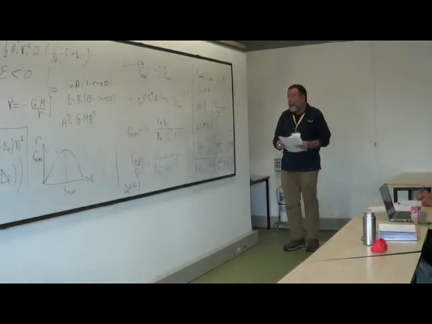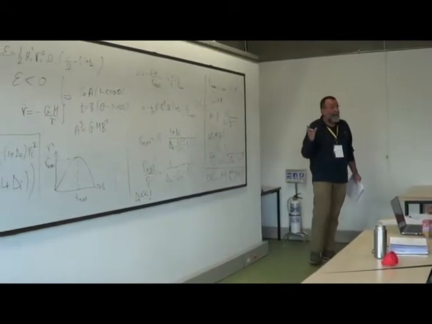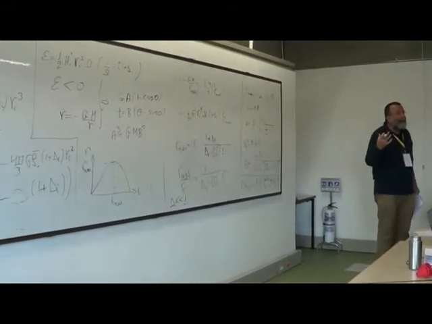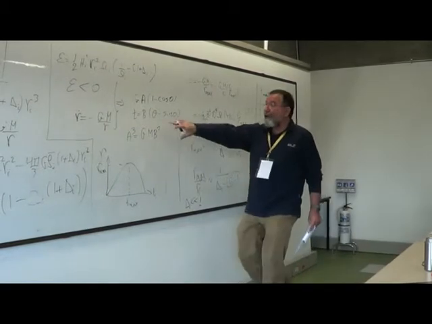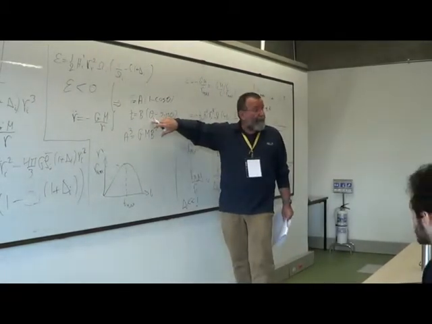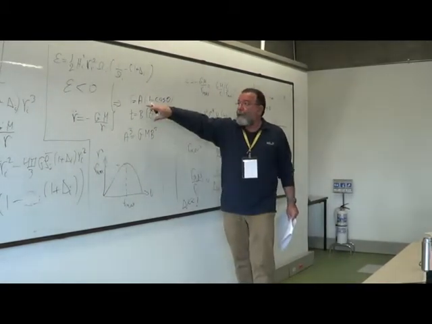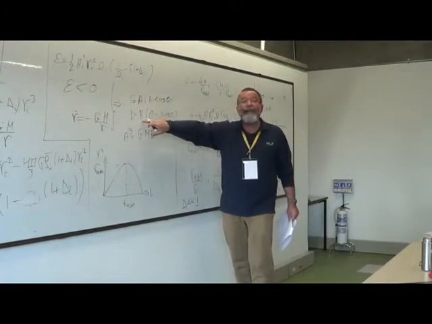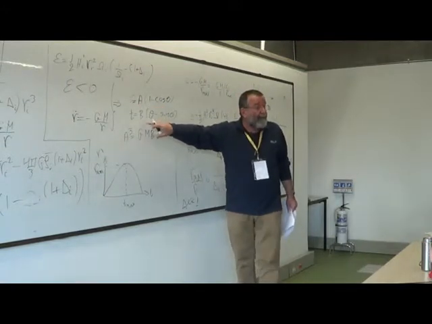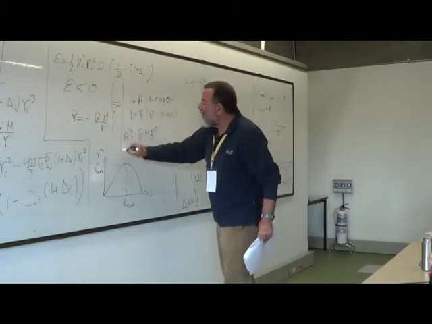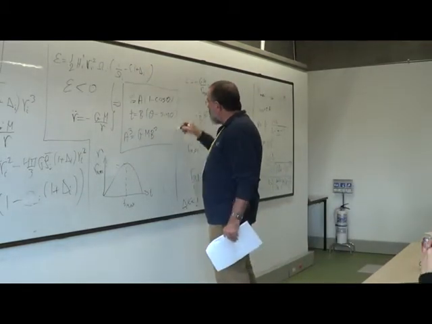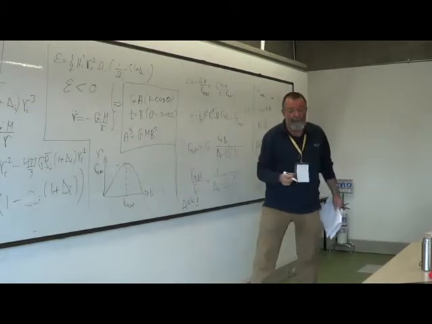Okay, so we have the solution. We know how R and T evolve as a function of time. That's the basic solution, the general solution that you find in any textbook, what you get from the Friedmann solution.